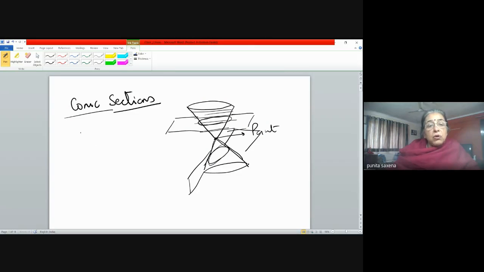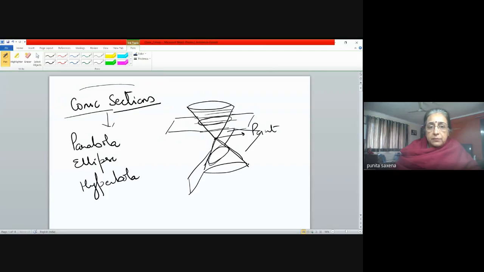So there are certain specific curves that we get out of the intersection of a cone and a plane. Such curves are called conic sections. Like you gave an example, we have a parabola, a circle too. We have a parabola, then we have ellipse, then we have hyperbolas, even circle. So they are all conic sections.